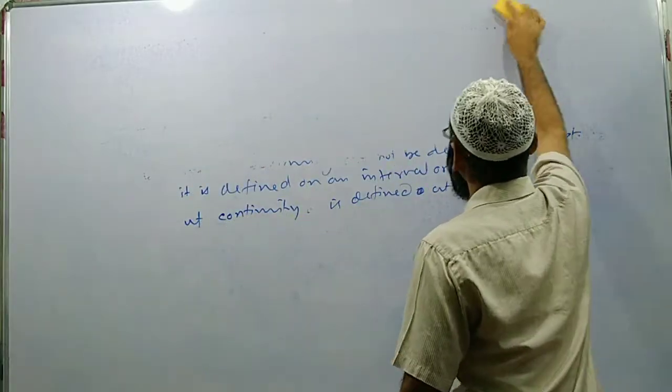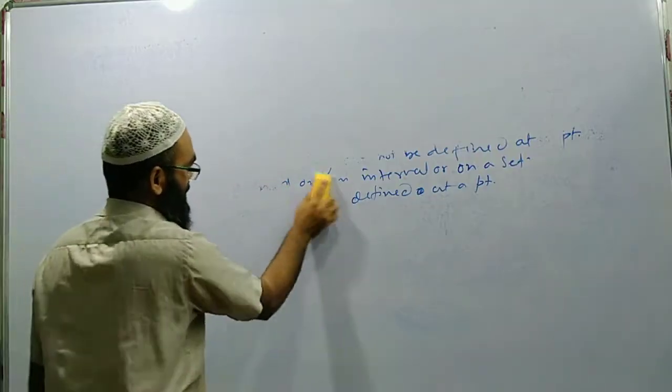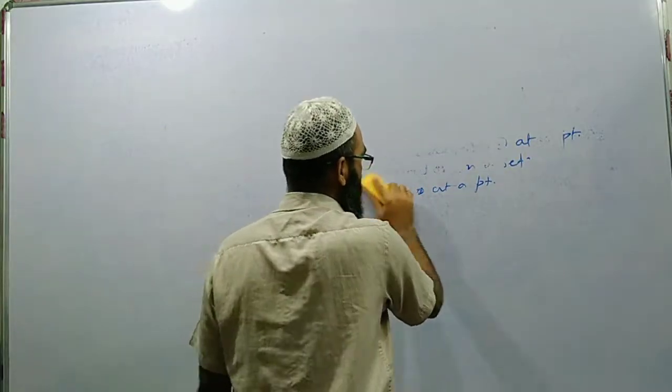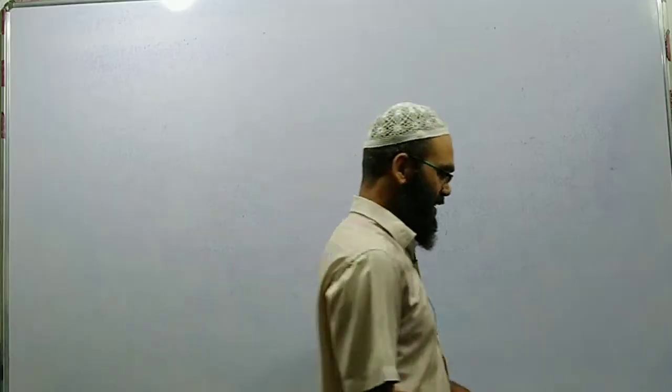Applying the definition of uniform continuity, we first discuss how to check whether a function is uniformly continuous or not on a given interval.